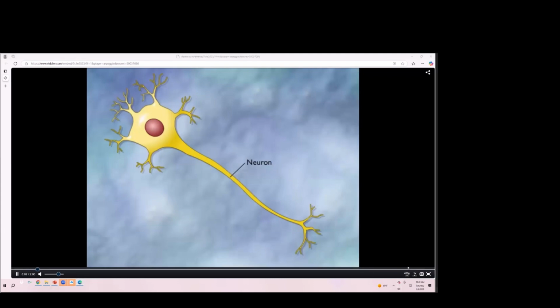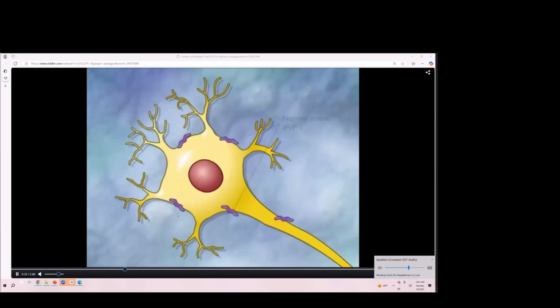Prions are infectious agents that cause transmissible spongiform encephalopathies, TSEs, in animals. Examples of these diseases are scrapie in sheep, Creutzfeldt-Jakob disease in humans, and mad cow disease in cattle. A prion, which stands for proteinaceous infectious particle, is a protein that can alter the shape of other proteins. The normal protein, PrPC, shown here, is present on the surface of neurons in both vertebrates and invertebrates.